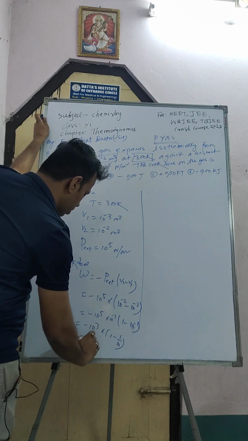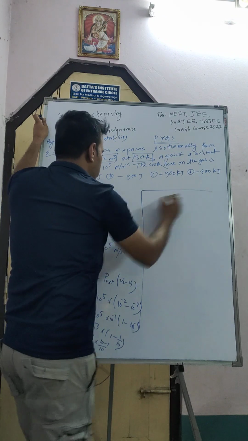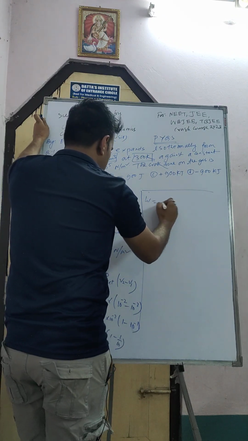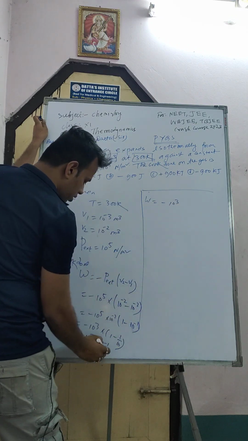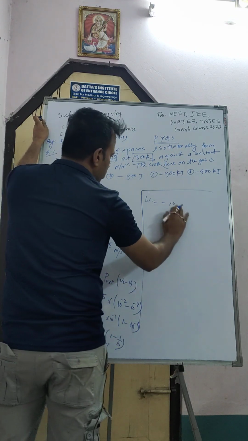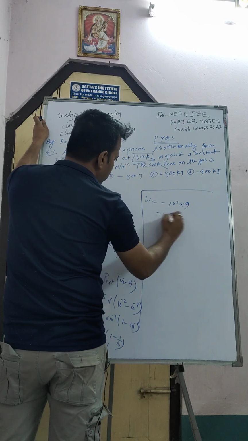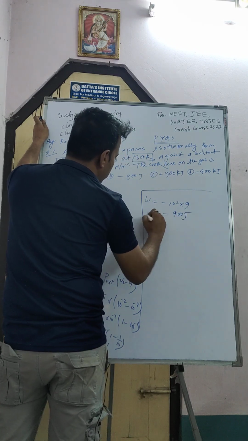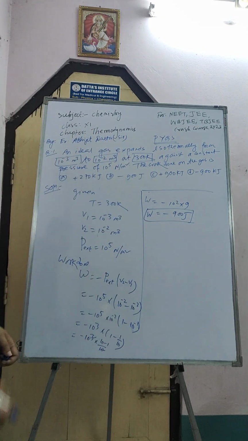So 10 to the power 3 into (10 minus 1) by 10. Okay, so work done equal to minus 10 to the power 3. If I cut this, it will be 10 to the power 2. So 10 to the 2 into 9. So minus 900 joule will be the work done of the isothermal process.